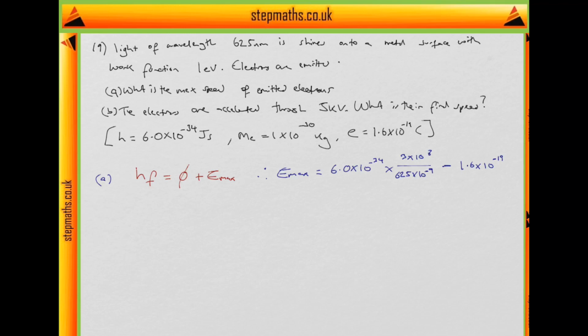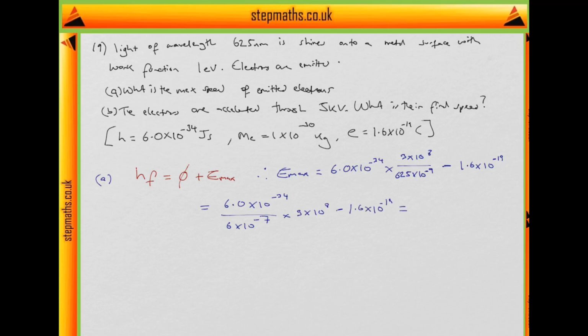Okay, so let's try and simplify this. For the sake of argument, we can ignore the 2.5 here. So to simplify, this is equal to 6.0 times 10 to the minus 34 divided by 6 times 10 to the minus 7, times 3 times 10 to the 8, minus 1.6 times 10 to the minus 19.